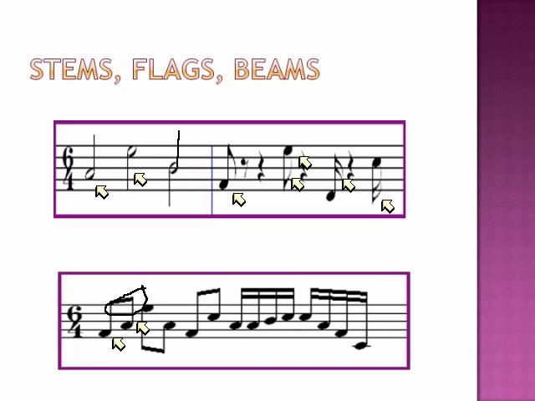And the more proficient you get at reading music, a lot of the time when there are groups of two or four eighth notes or sixteenth notes, they are beamed instead of the flag being on there. It just is busier looking with the flags on there.